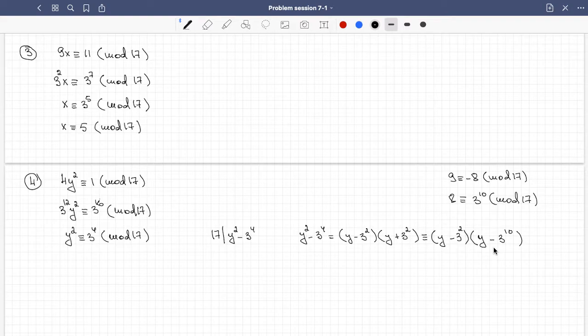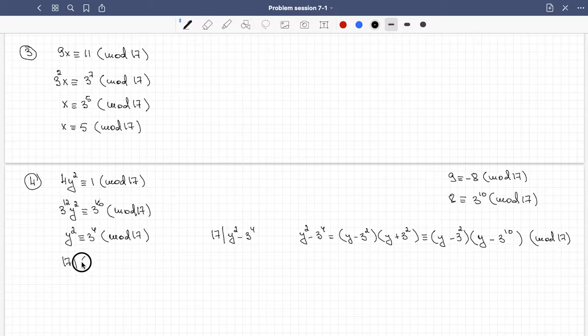Okay, so thus we rewrite the congruence we want to solve as 17 divides this difference, and this difference modulo 17 is the same thing as this product.